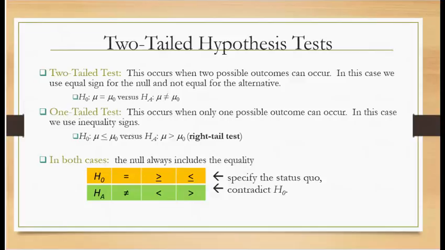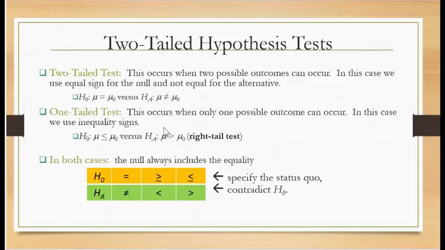Basically, the null hypothesis always contains the equality, but sometimes we're going to say that mu of this group is equal to mu of that group versus the alternative where they're not equal. In that case, we've got a two-tailed test because we're interested in either way. It's just not equal. It could be greater than, it could be less than, but it is definitely not equal to.